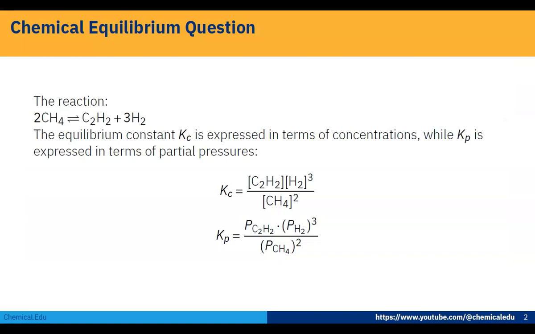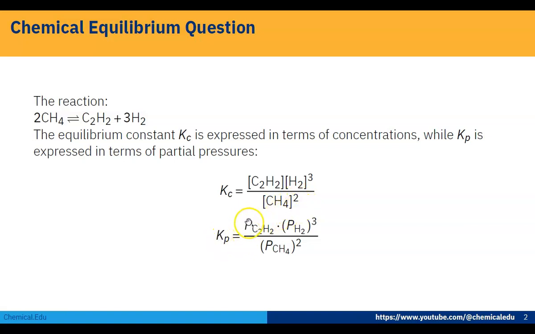Now here is the reaction. So 2 methane going to C2H2 plus 3H2. Now the equilibrium constant Kc is expressed in terms of concentration, while Kp is expressed in terms of pressure. So Kc is the concentration of C2H2 and H2 to the power 3, divided by CH4 to the power 2.